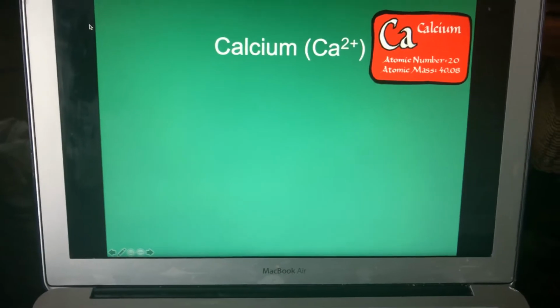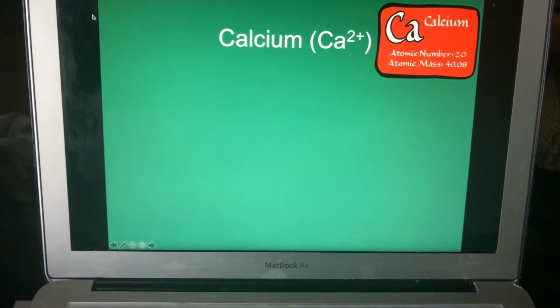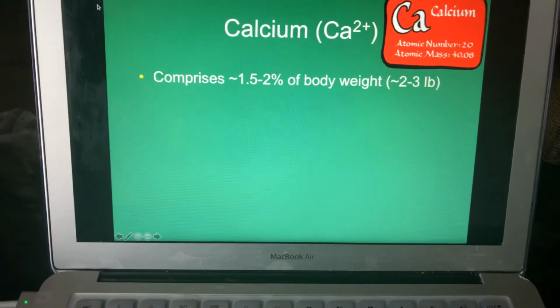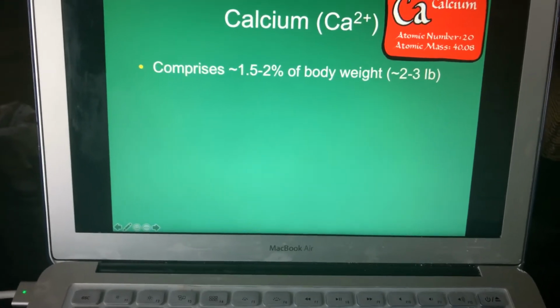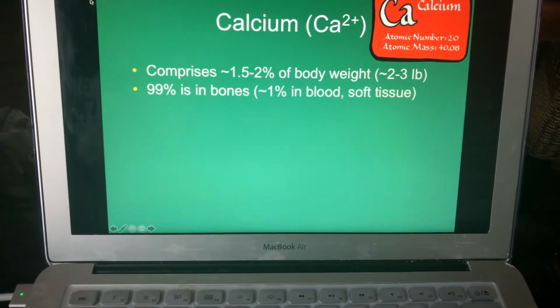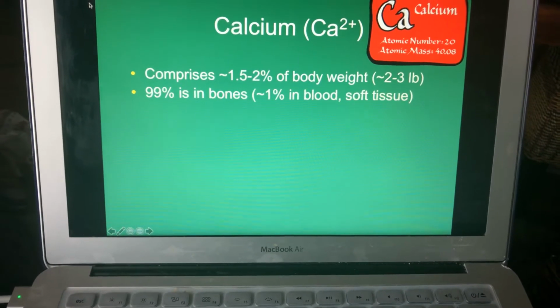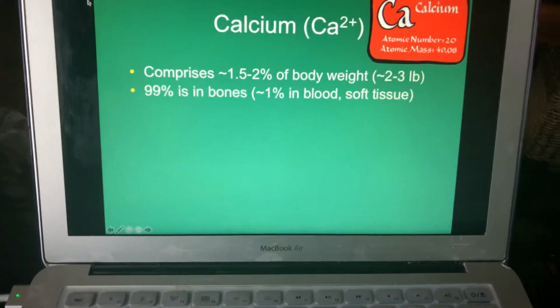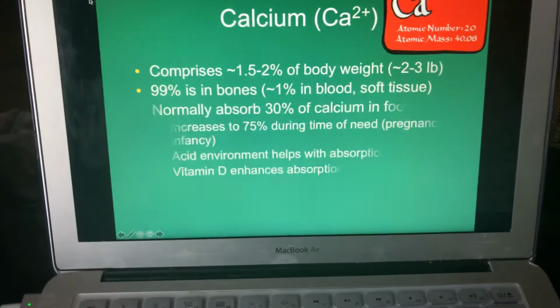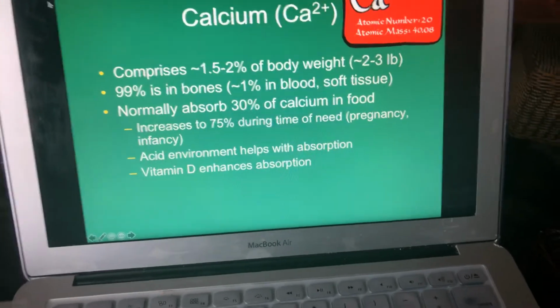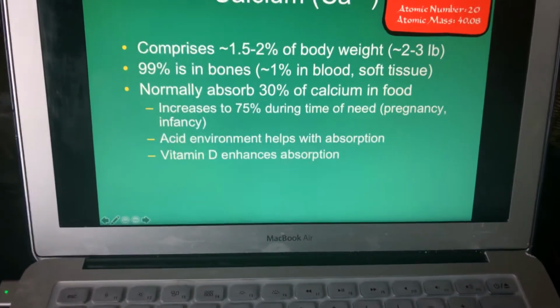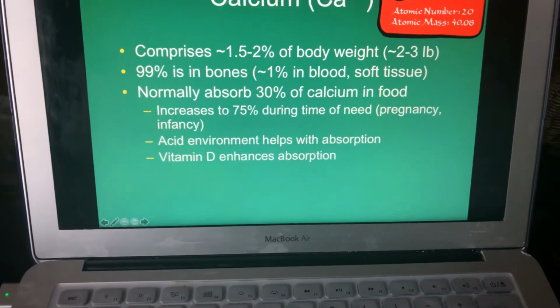So the next mineral is calcium, abbreviated Ca. And it comprises about 2 to 3% of your body weight. Most is found in bones. There's some in blood, some in soft tissue, some in your teeth. You really typically absorb just about 30% of the calcium in food that you consume.